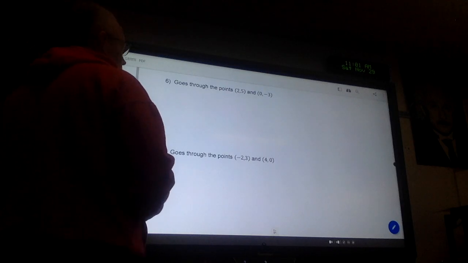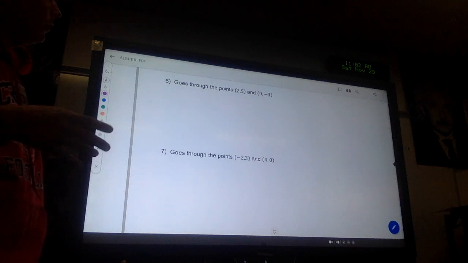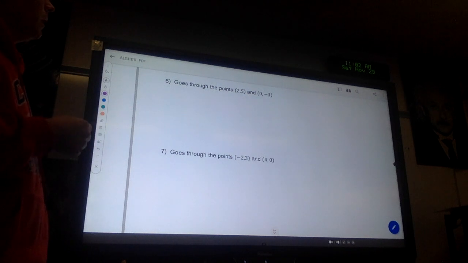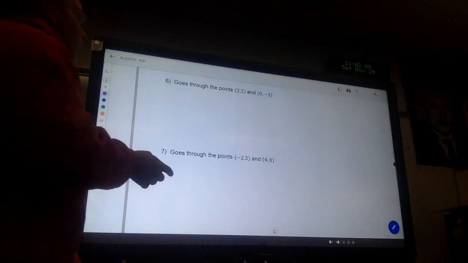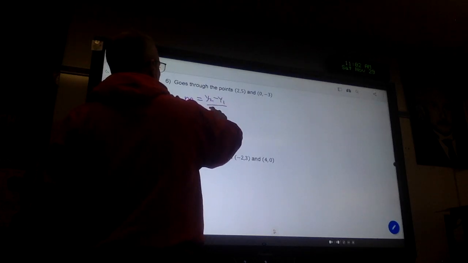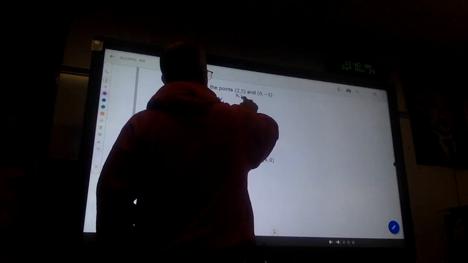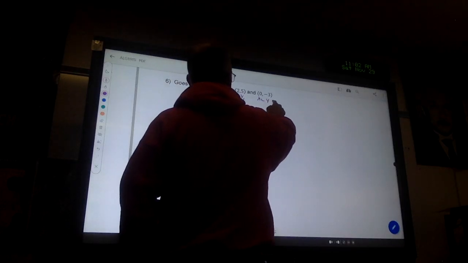Alright, so this particular one, we have these 2 points that are given. One of them is the y-intercept, the (0, -3) is the y-intercept. But we don't know the slope, so what we have to do is use our slope equation, which is y2 minus y1 over x2 minus x1. Label this x1, y1, x2, y2.